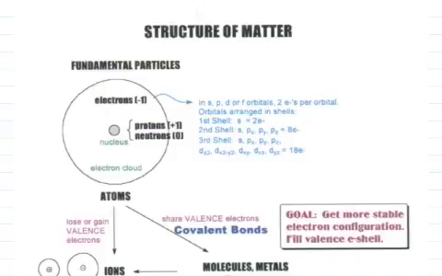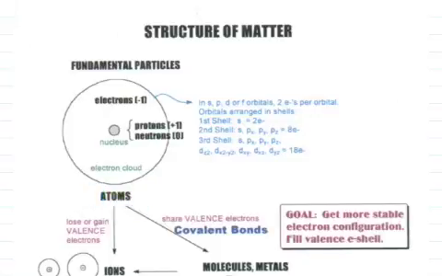So just to review, let's go over the structure of matter. We have our fundamental particles: electrons, protons, and neutrons. Electrons have a -1 charge, protons are +1, and neutrons are 0, neutral. The protons and neutrons reside in the nucleus, and the electrons are in an electron cloud.